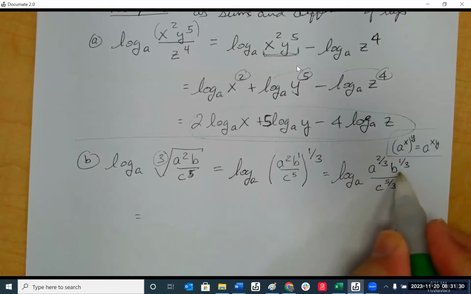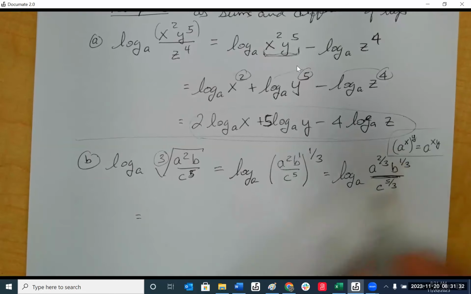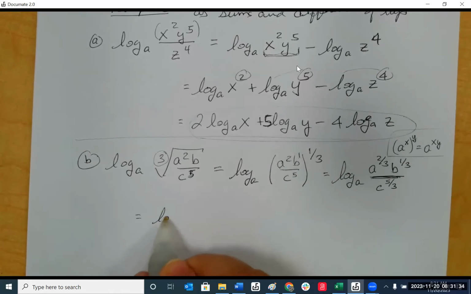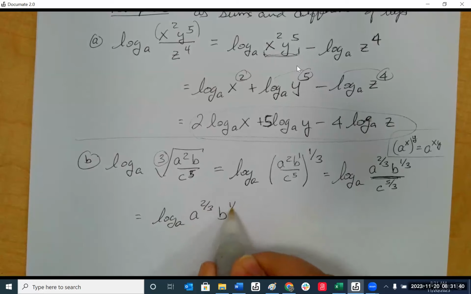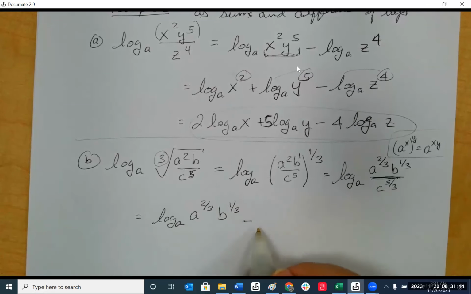Now, the whole thing is a quotient, so we do that first. So we have A to the power 2/3 times B to the 1/3. Since C is on the bottom, it's a minus.